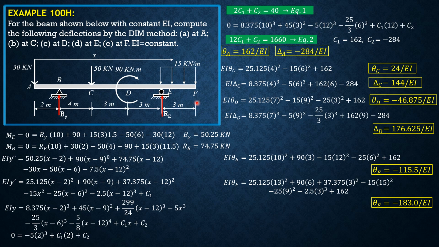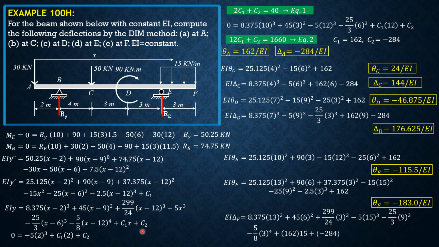And finally, delta F. Into this equation, x is 15. So EI delta F is equal to 8.375 times 13 cubed plus 45 times 6 squared plus 299 over 24 times 3 cubed, minus 5 times 15 cubed, minus 25 over 3 times 9 cubed, minus 5/8 of 3 to the 4th, and plus 162 times 15 plus C sub 2, which is negative 284.